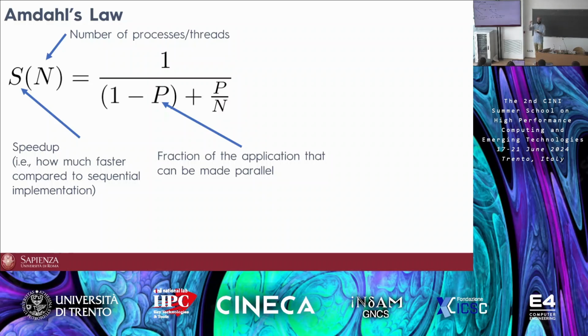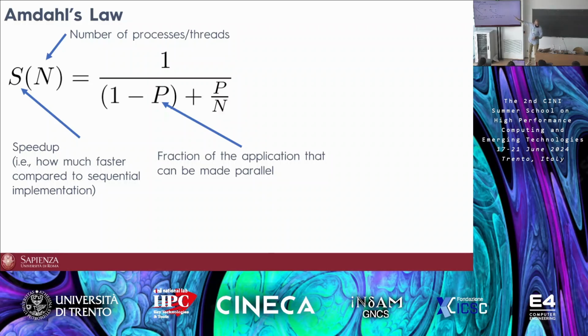There is some part which is intrinsically sequential, and it's always going to be sequential, regardless of how many nodes you buy. For example, I/O. If you need to read something from the disk, that's usually something that you do sequentially. You can do it in parallel, of course, but again, this depends on the application. So there are parts of the code which cannot be parallelized. And that's this 1 minus P. 1 minus P is the percentage of my code that I cannot parallelize.